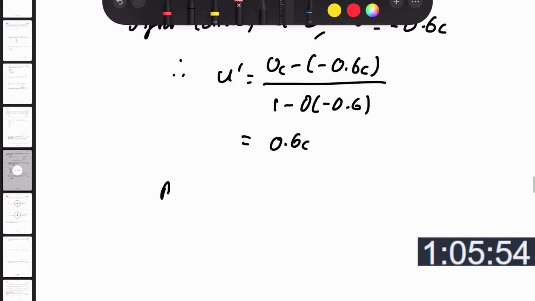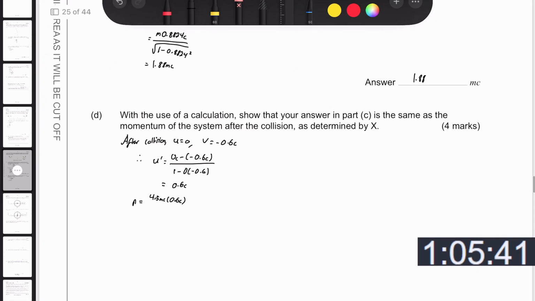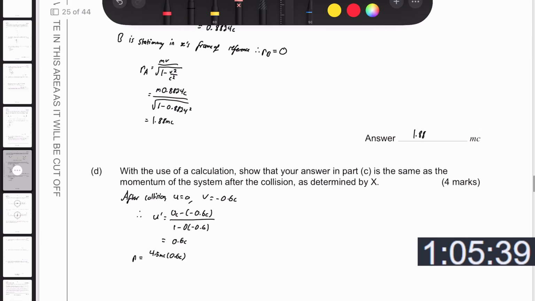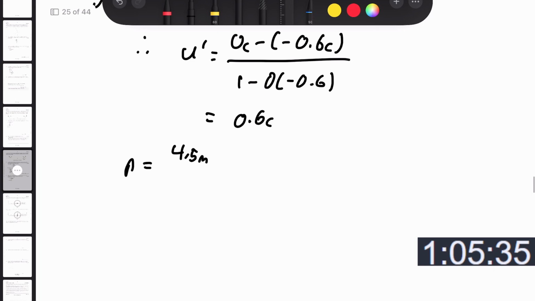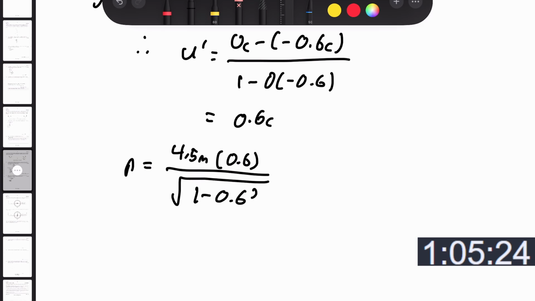So then p is equal to mv, so 4.5m times 0.6c over the square root of 1 minus 0.6 squared.